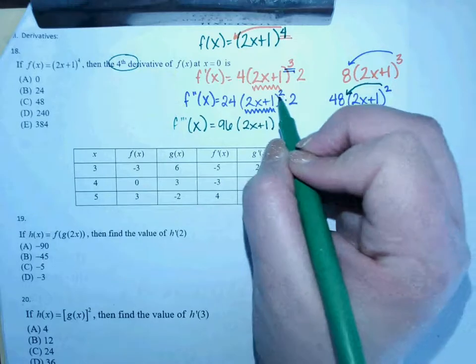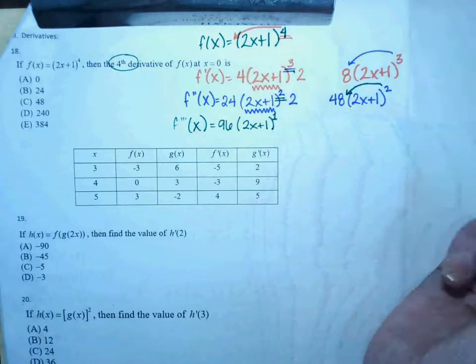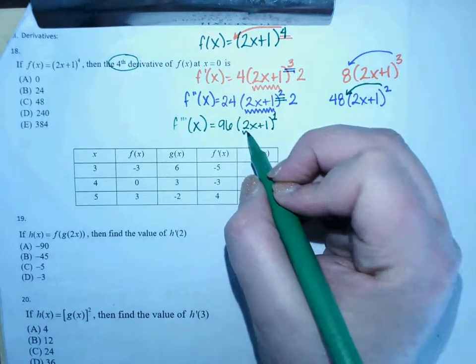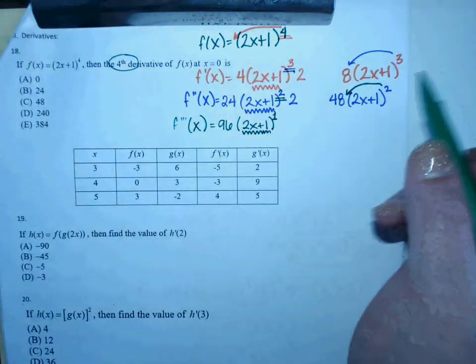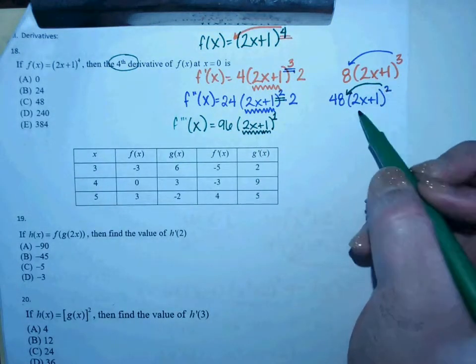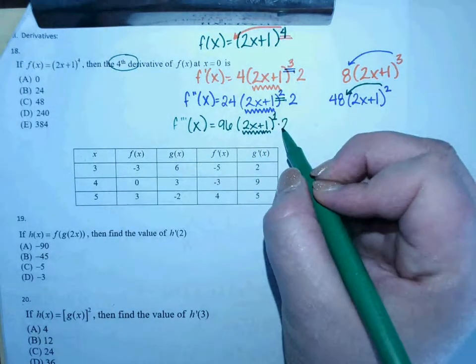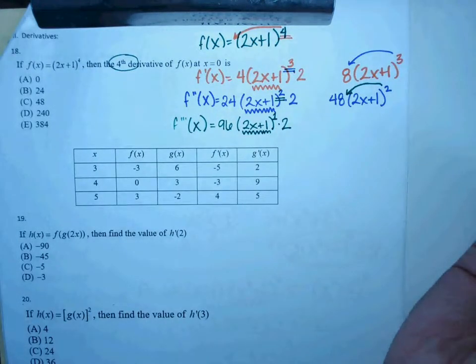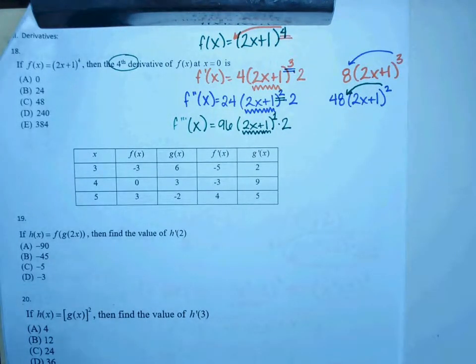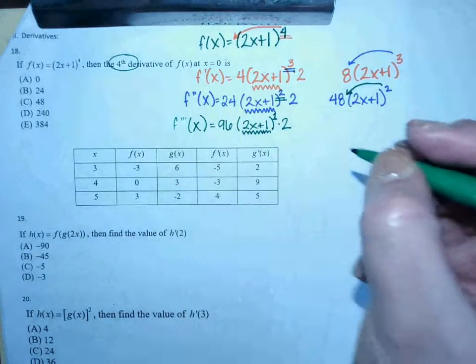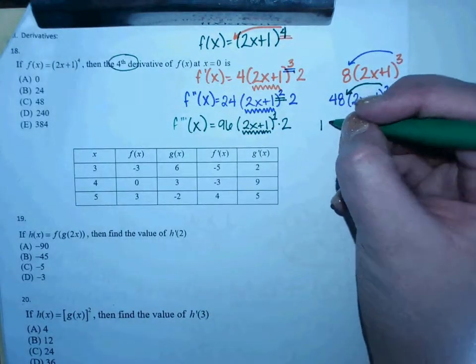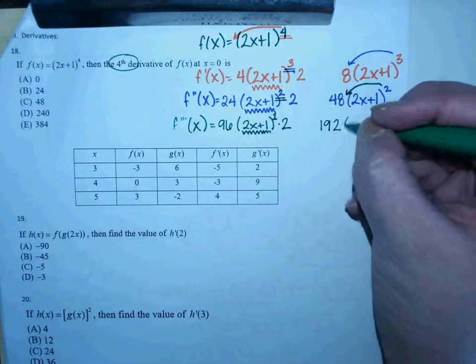It used to be squared, now it's only to the first power. But then I still have to times by the derivative of the middle. So I times my 2 down, reduce it to a 1, then times by the derivative of the middle, which is a times 2. Then I'm going to do 96 times 2. That's going to give me 192.